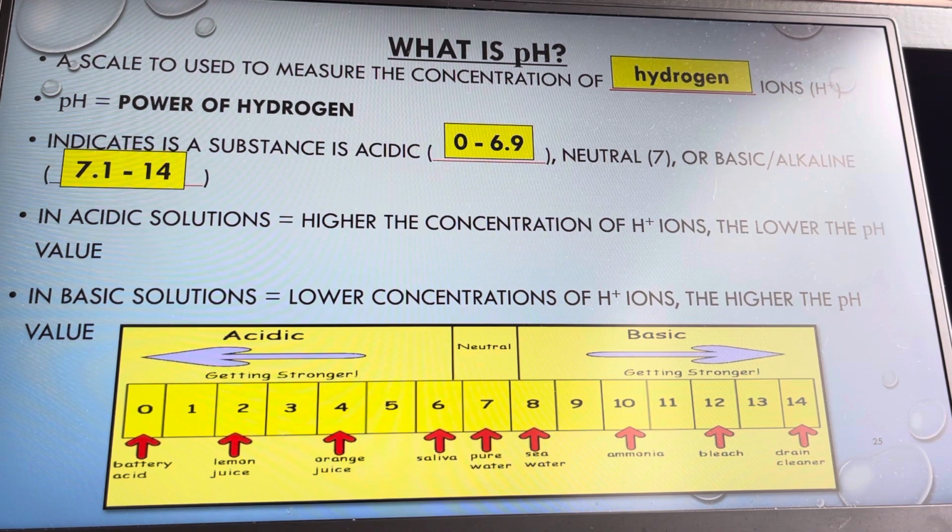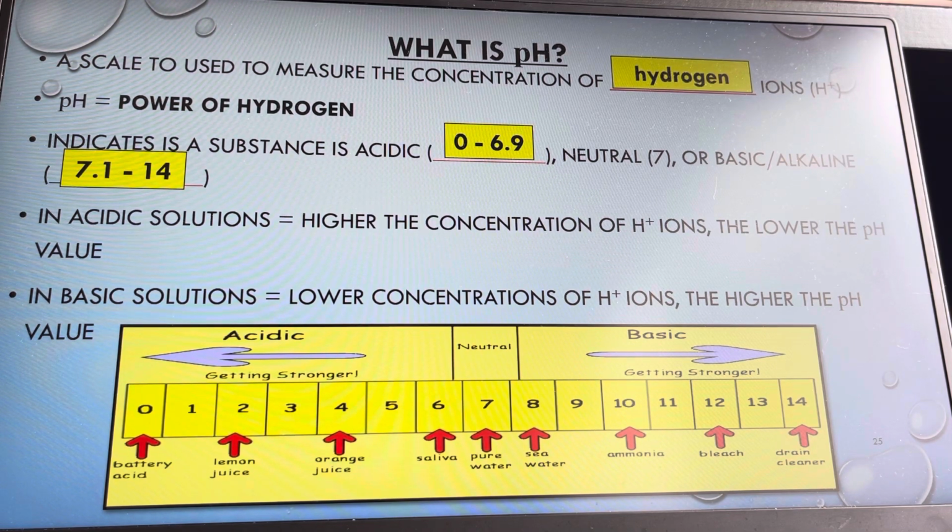So a lot of people get confused here, and they will say, oh, it's acidic, it must have a very high pH. And that logically makes sense, but it's really not true. Because looking at the scale, you can see that the lower the number is, the more acidic it is.